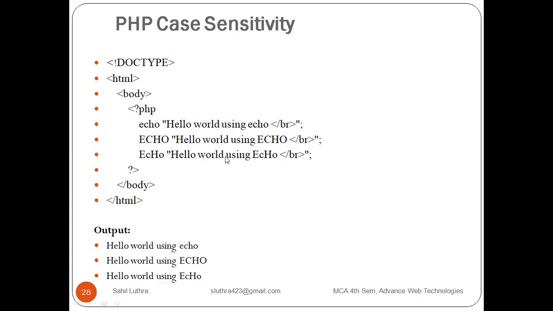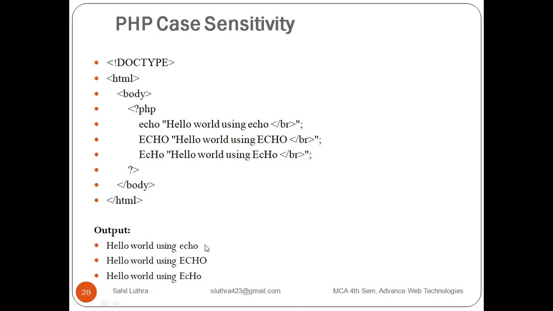So here we write the same line, hello world using echo, and here we close our echo statement. Here our PHP is closed, and after that, on the second last line, we have closed our body tag, and at last we close our HTML tag.